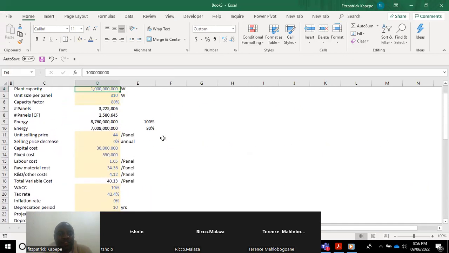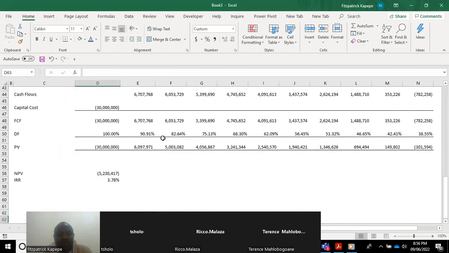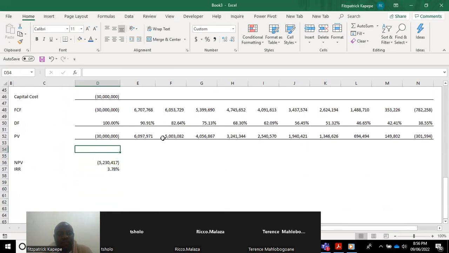The second scenario, they wanted you to factor in the selling price decrease, and you're going to have a negative NPV and a very small internal rate of return. And this is a problem. If your internal rate of return is lower than the cost of capital, it means that you're not creating wealth for your shareholders, because the cost of money is 10%, yet your return, because internal rate of return is basically your return, is 3.78%.